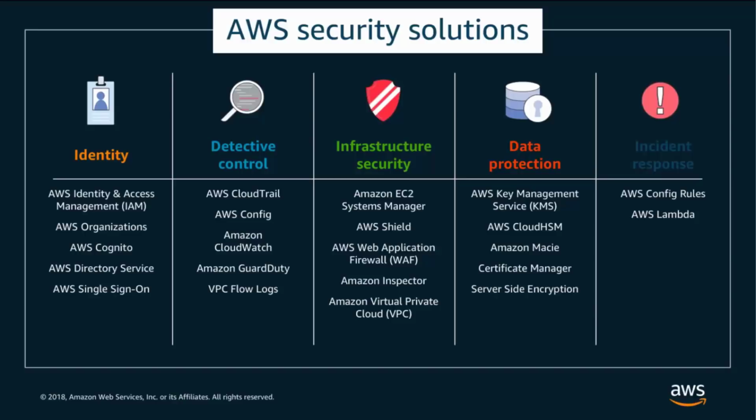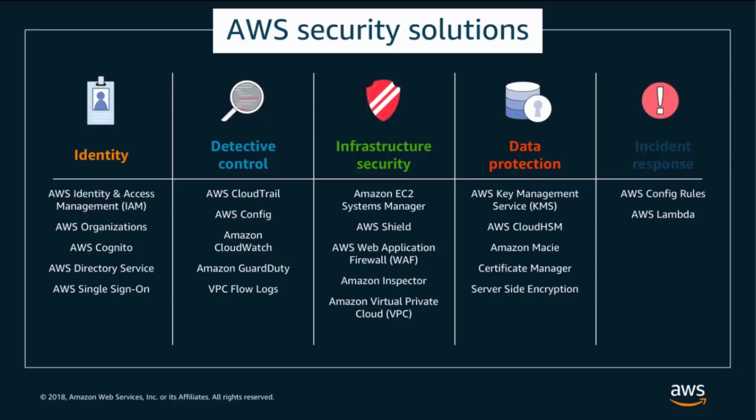Next, we have a suite of services we call detective control. Under this, we start to record events and behavior that's occurring inside of your AWS accounts and your applications. An example of that is Amazon GuardDuty, and we'll talk in a lot more detail about that service shortly.